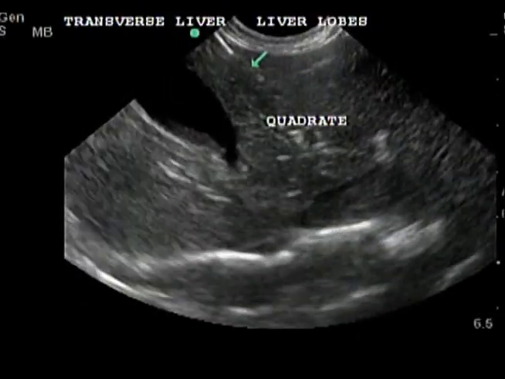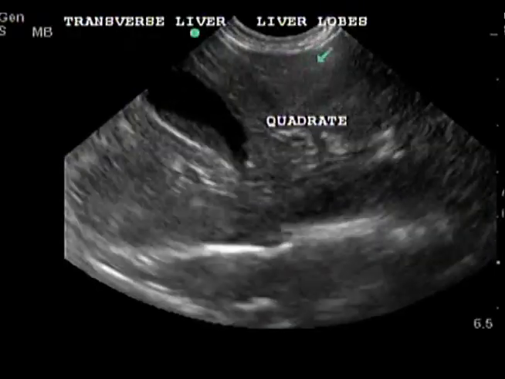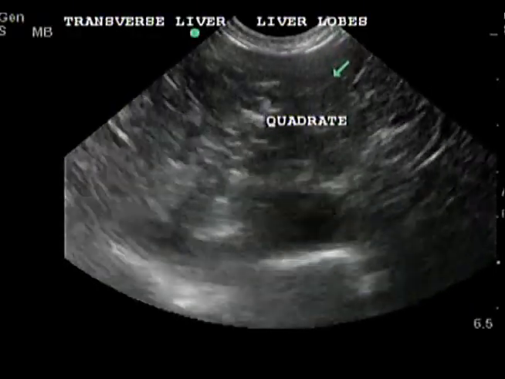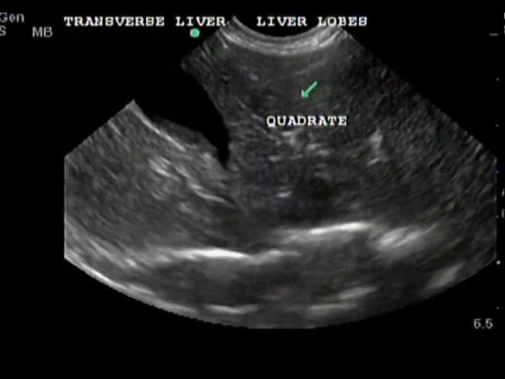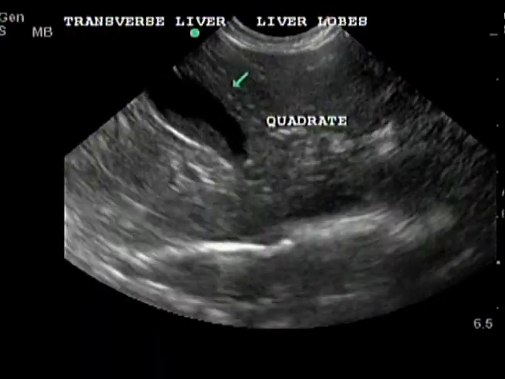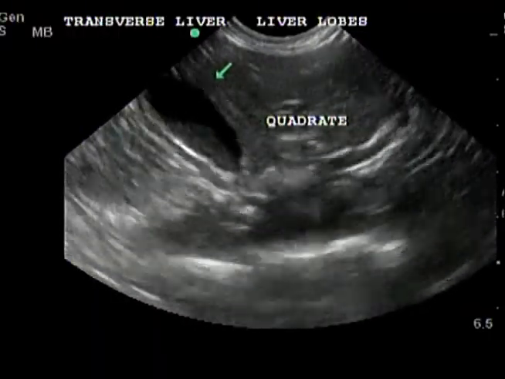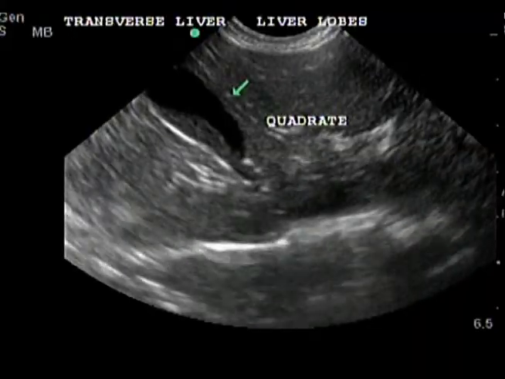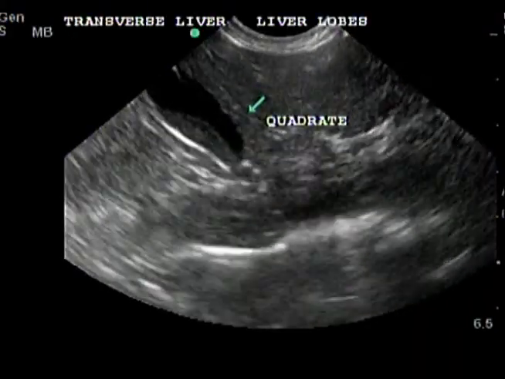The quadrate liver lobe is between the right and left liver lobes and in contact with falciform fat at the ventral midline. The quadrate liver lobe is in contact with the medial wall of the gallbladder.